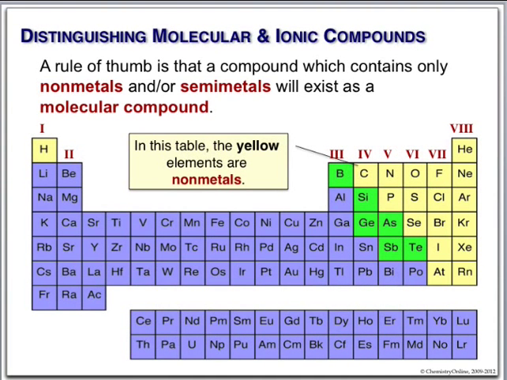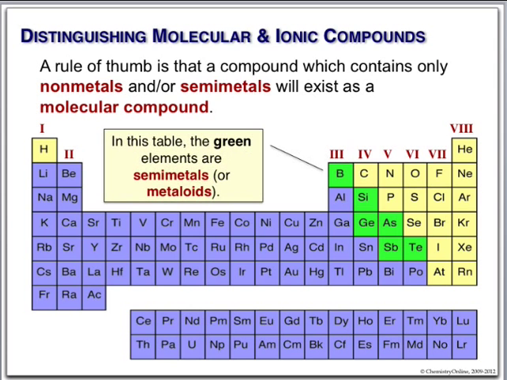Remember our periodic table, we talked about how colorful it is. Remember the regions we talked about. In this particular version, we said that these yellow guys were called nonmetals. They did not conduct electricity. They're typically brittle, etc. The green guys we called semimetals. They were in between the metals here and the nonmetals, and these were our semiconductors.